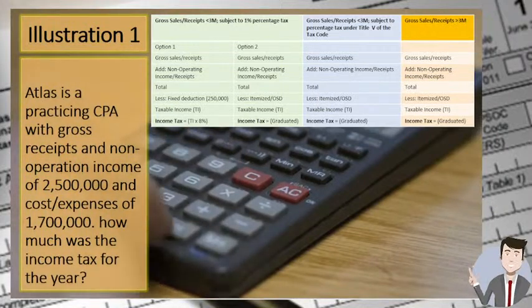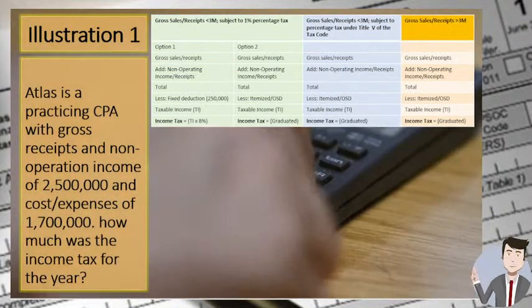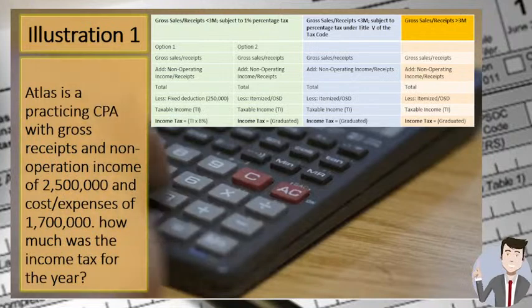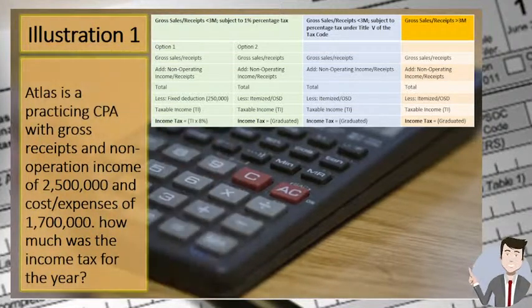The term used is cost and expenses since we have not reached chapter 5. But if we reach chapter 5, that will be considered itemized deduction, or expenses allowed by law. So the business expenses is in the amount of 1,700,000.